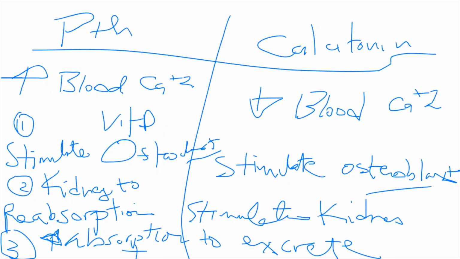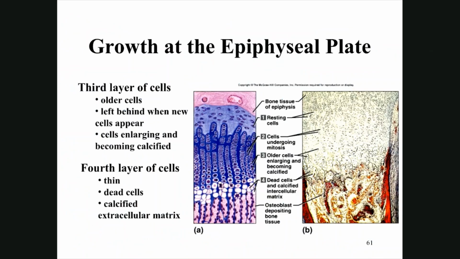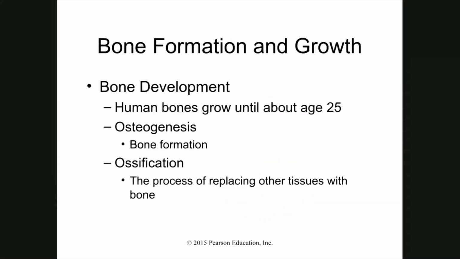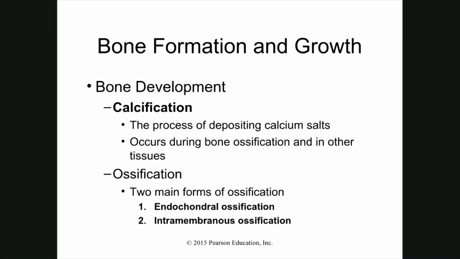Okay, so the four layers of cells that I expect you to know are the resting cells, the dividing cells, the hypertrophied cells, and then the dead cells. All of these occur in the epiphyseal plate. The important hormones we talked about already are calcitonin and PTH, which are involved in ossification, either endochondral or intramembranous.